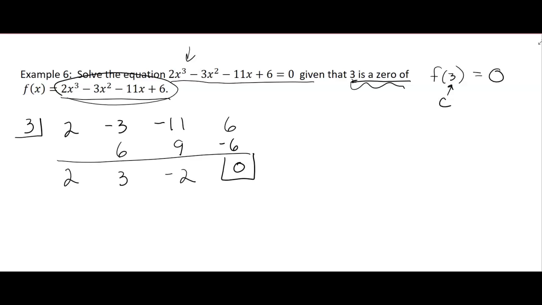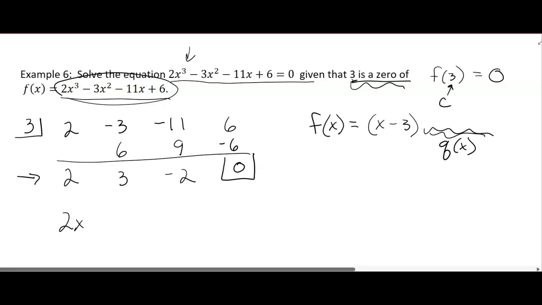But here's the great thing. Now we know that f of x is equal to x minus 3 times something, and there's no remainder because we just divided it and there was no remainder. What is this something? Well, we know the quotient. It's right here from the coefficients: 2x squared plus 3x minus 2.